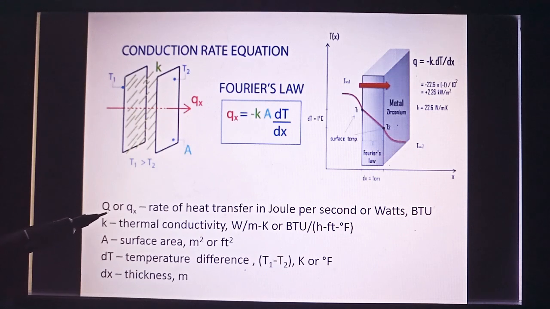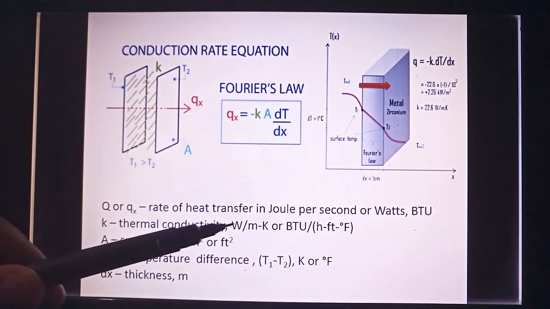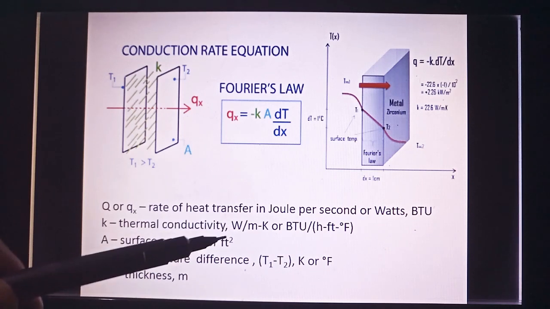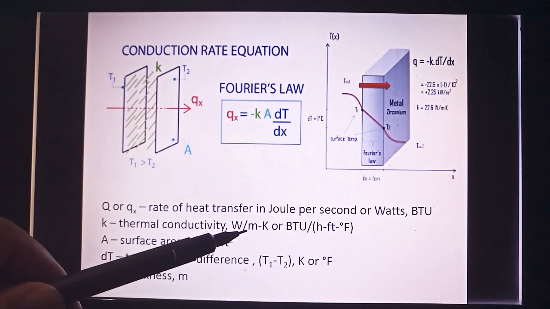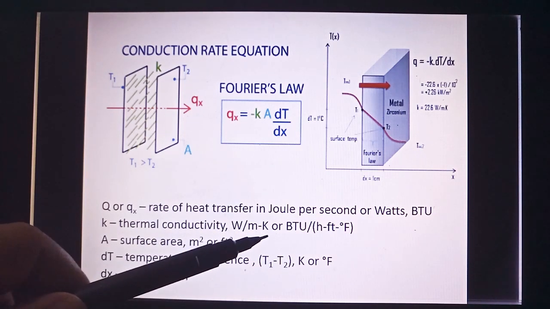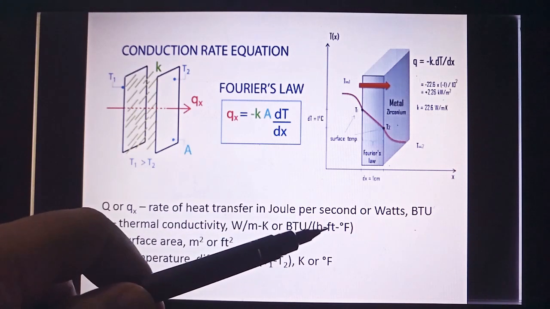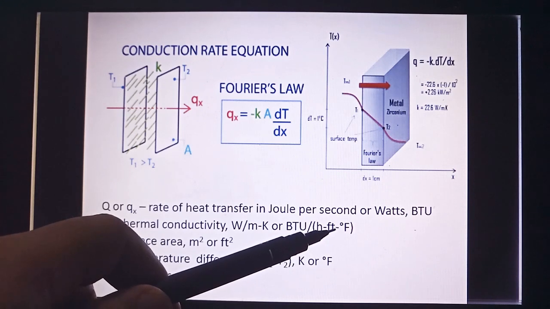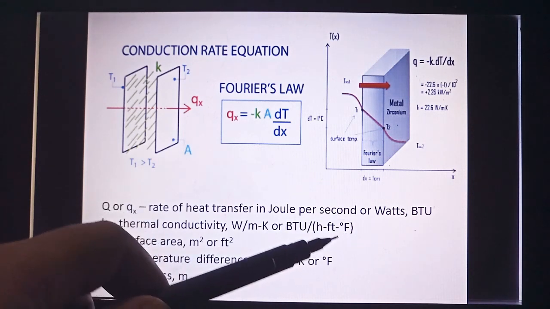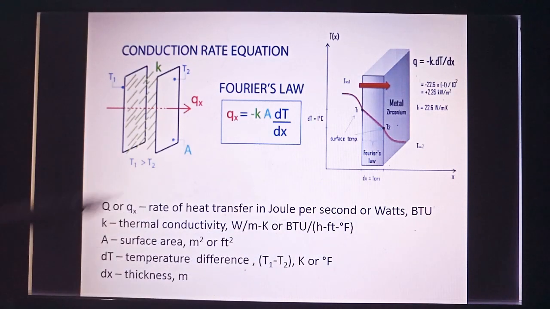So Q, our rate of heat transfer, and then K, that is the thermal conductivity, wherein the units is watts per meter per Kelvin, or in English units we have BTU per hour per foot per degree Fahrenheit. And then the area, we have here A, that is the surface area.